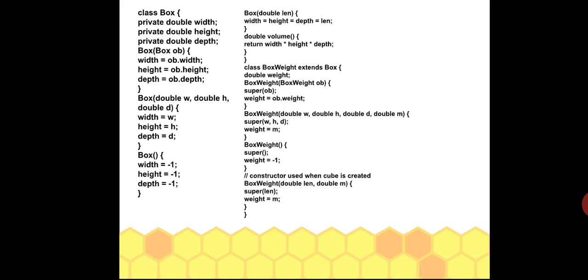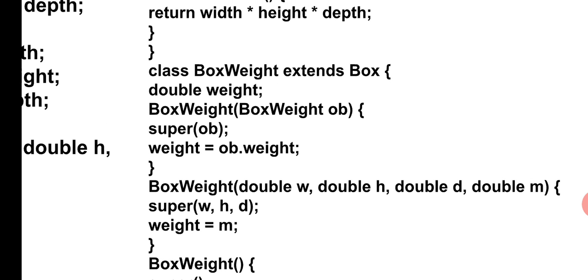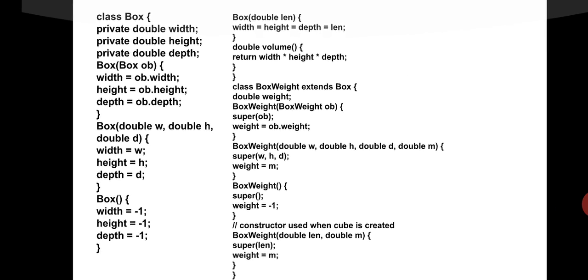So here my box weight ob will have the reference of my box 1. Now what values will my box 1 have? My box 1 object will have the values 10, 20, 15 and 34.3. The same will be referred to by the ob reference. Now the same reference will be sent to the super keyword.